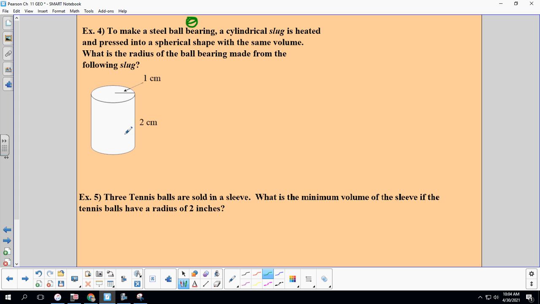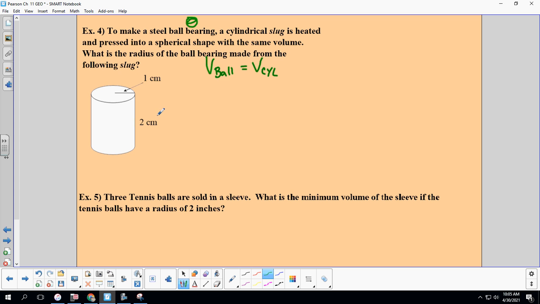What is the radius of the ball bearing made from this slug? Oh, so we are going to make a ball out of this cylinder. They're going to have the same volume. So the volume of the ball is going to be equal to the volume of the cylinder.